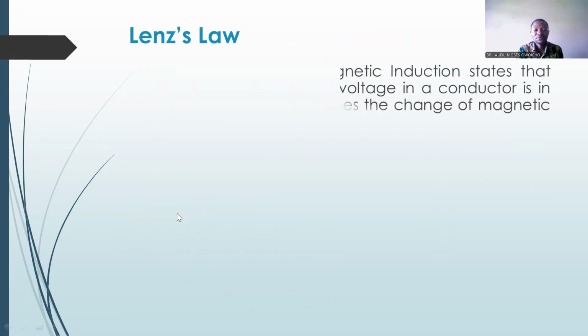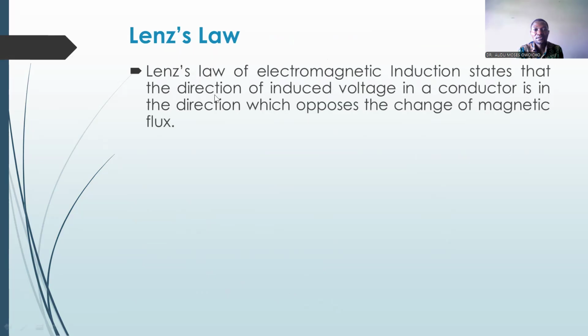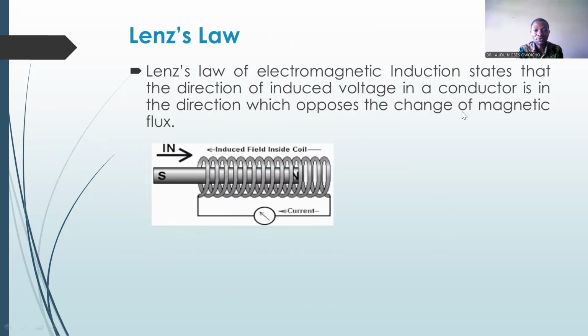Then we also have Lenz's law. He came up with another observation, and Lenz's law of electromagnetic induction states that the direction of induced e.m.f. in a conductor is in the direction which opposes the change of the magnetic flux. According to him, as the bar magnet was moved in, there was deflection in the opposite direction, giving rise to the negative sign we saw earlier in the mathematical expression.